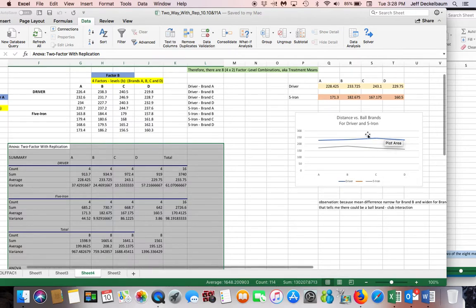make a plot to get a look at what my variation may or may not be, it's important to recognize first we have 8 treatment means, meaning we have an average for distances for golf ball A, B, C, and D driven with a driver and with a 5-iron.